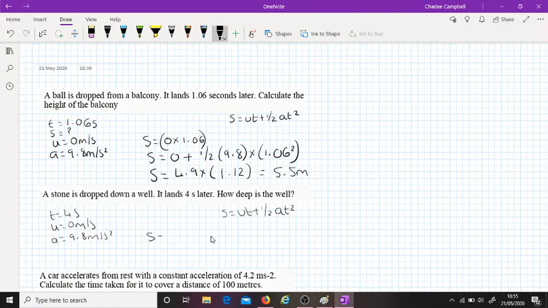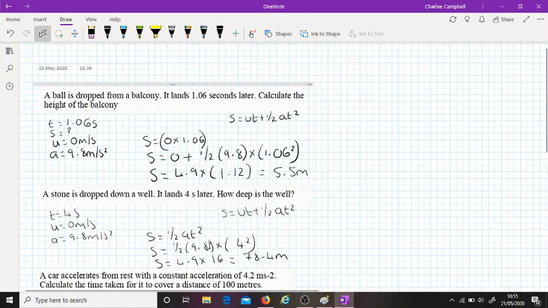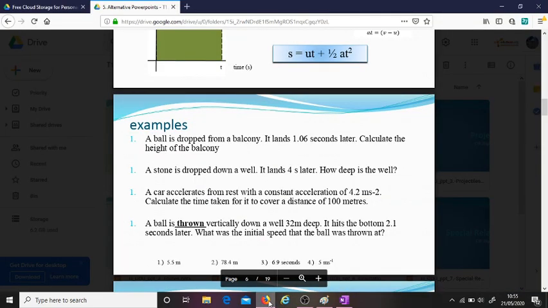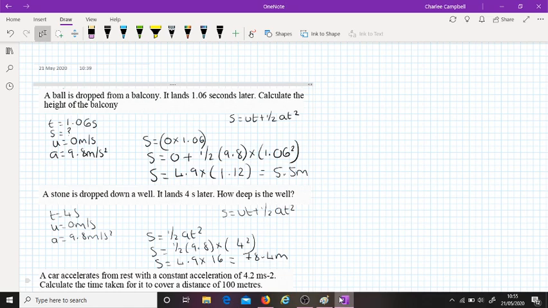So s equals a half at squared. So s equals a half of 9.8, which is 4.9, times 4 squared. 4 squared is 16, so we end up with 78.4 meters, and we'll check that. 78.4 meters.